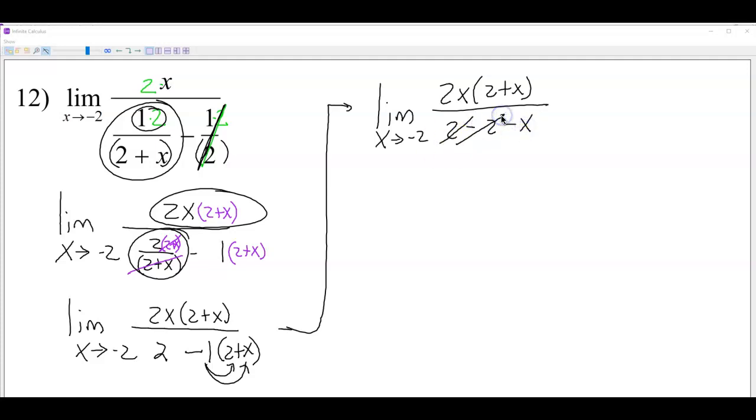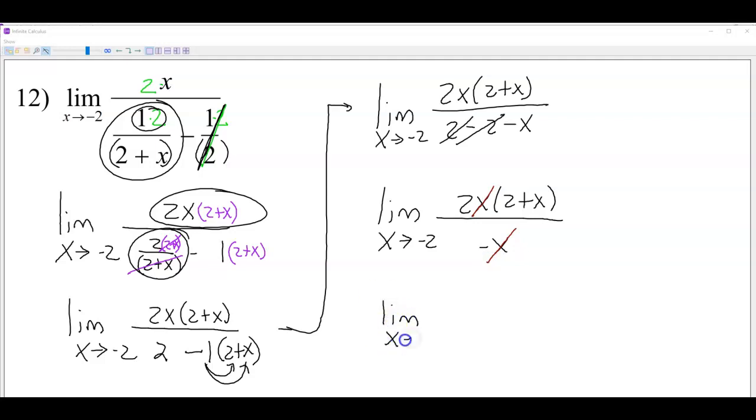The 2's cancel each other out. And in this case, the x's will cancel each other out. And we have 2, parentheses 2 plus x. On the bottom, there's still a negative 1 there, though, so we don't want to forget about that.